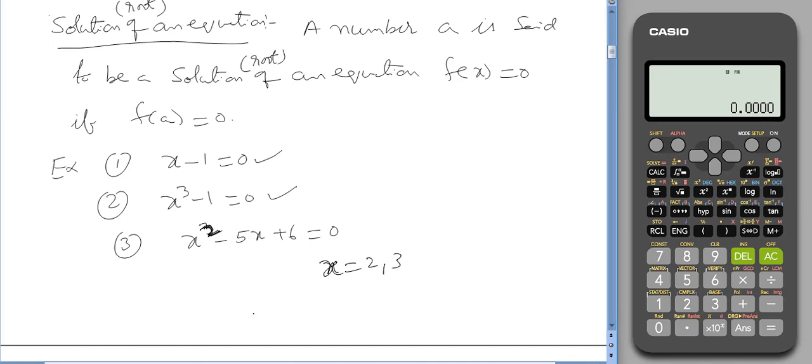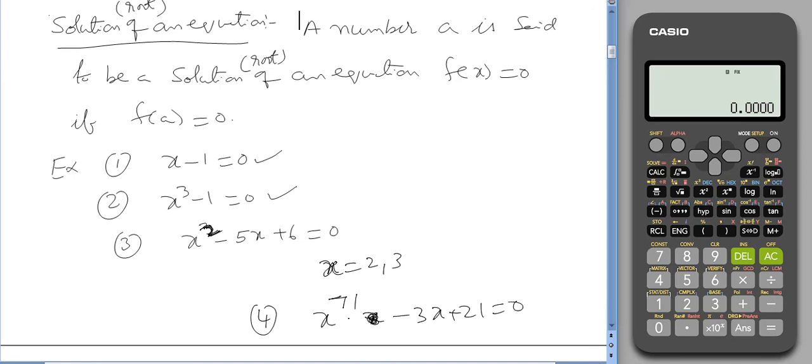Suppose, just for understanding, if it is a cubic equation, we can apply the analytical method. If it is a biquadratic equation, nothing but degree 4, we can apply some suitable methods. Suppose it is x power 21 minus 3x plus 21 equals 0.